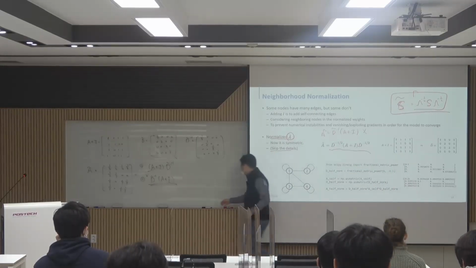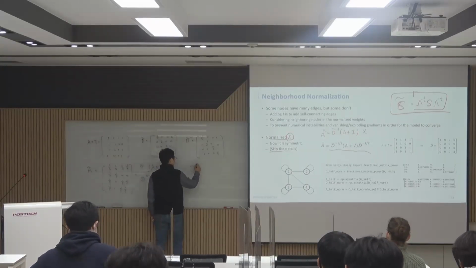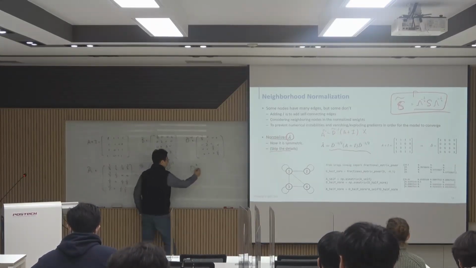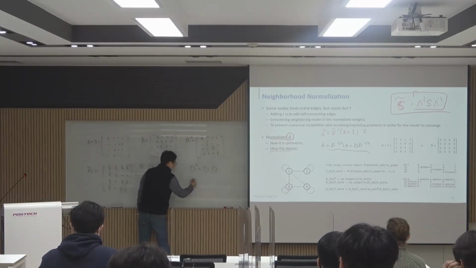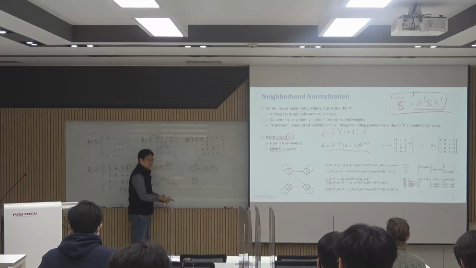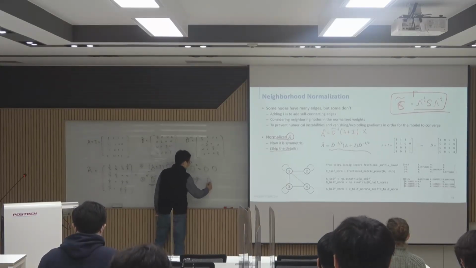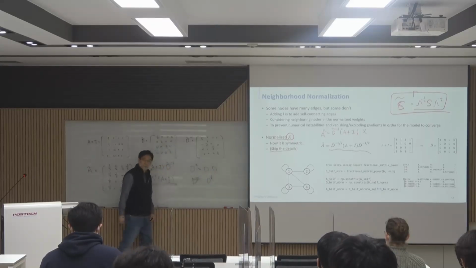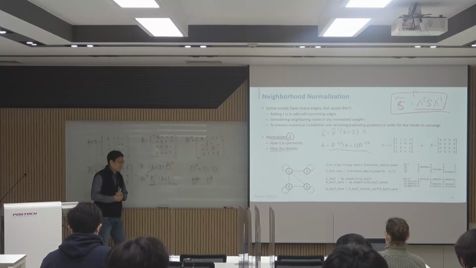We can define the D matrix like that. This one is not the inverse. It's the power of one half of a matrix.